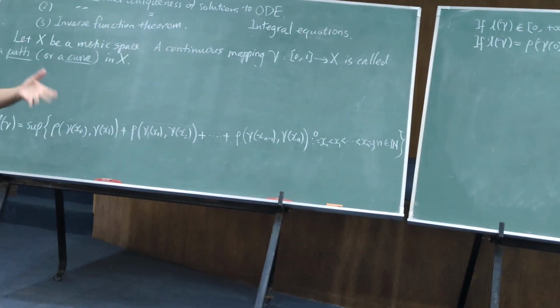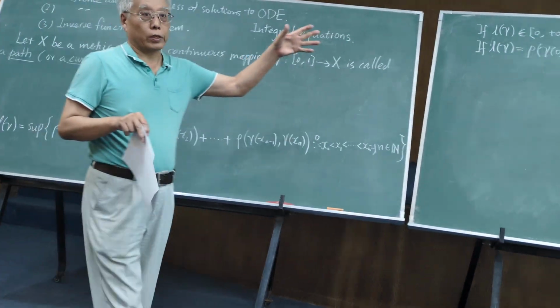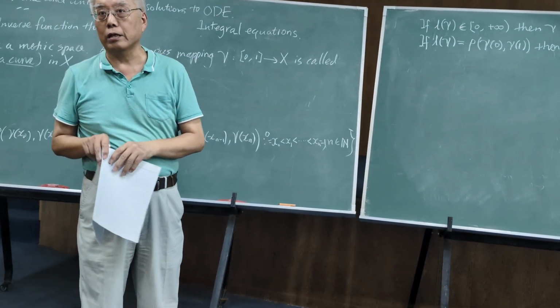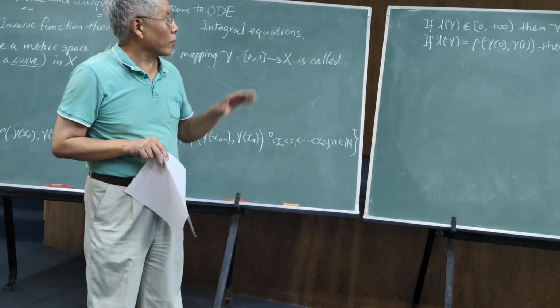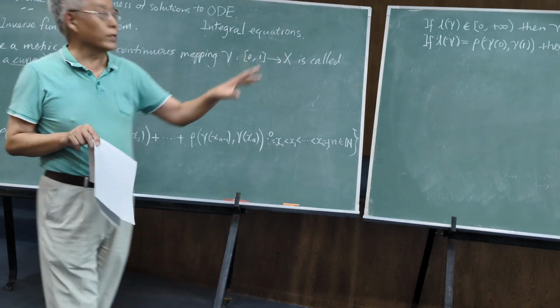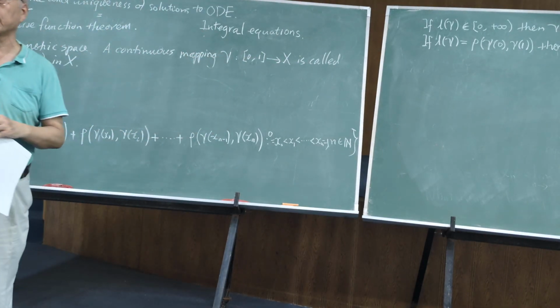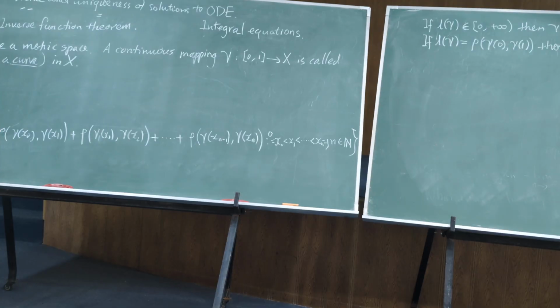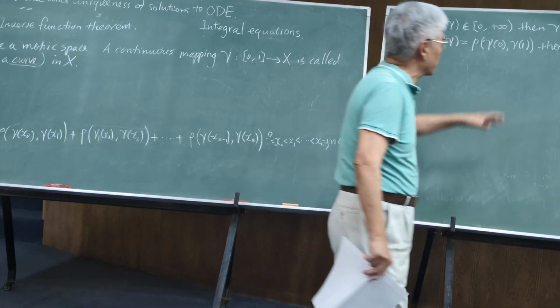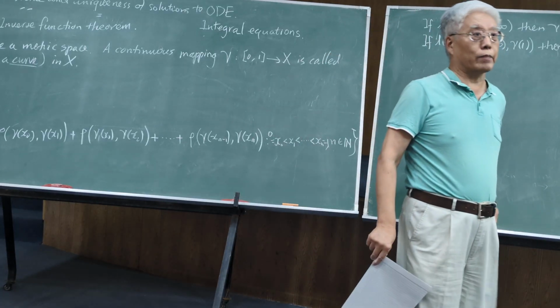And then you start to define geodesic using the Euler-Lagrange equation, right? In calculus of variations. Now here we don't have any differentiability, we only have some continuity condition. Continuity of gamma is satisfied. We don't have any differentiability condition in order to define geodesic in a metric space.